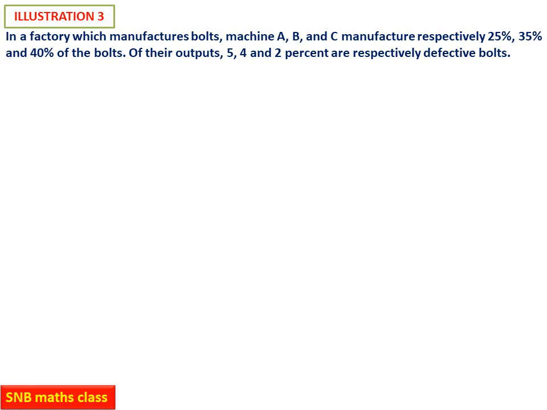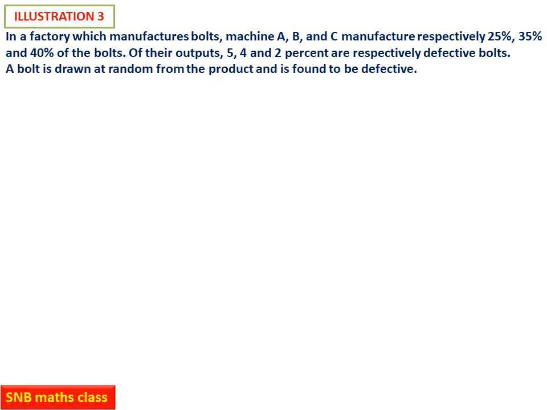That means machine A produces 25% of the bolts, but among them 5% are defective. Similarly, B manufactures 35% and among them 4% defective. Similarly, C 40% bolts and among them 2% defective. So this is the information given.